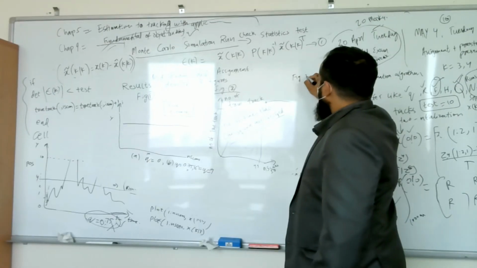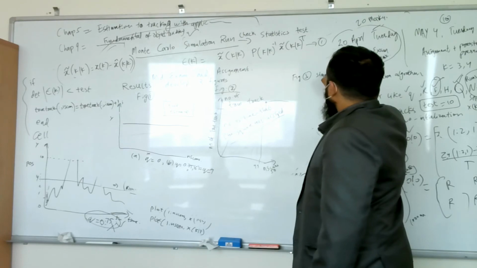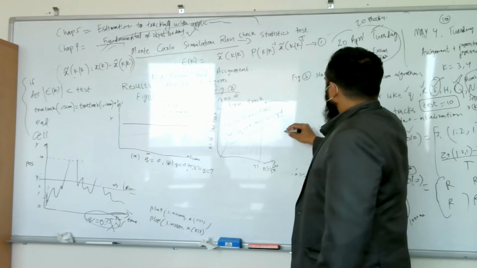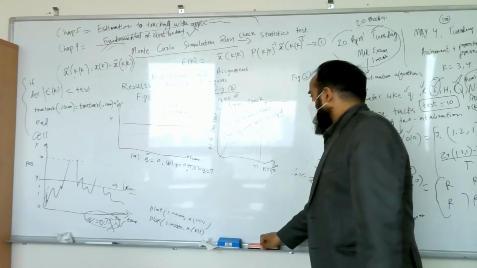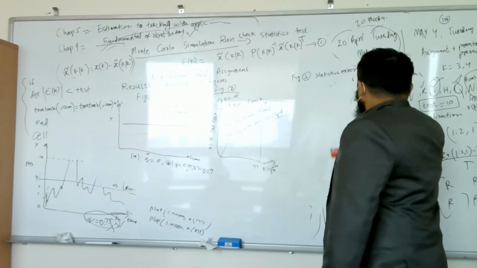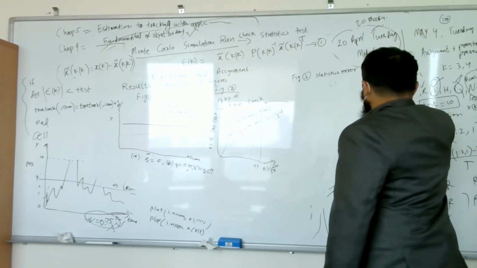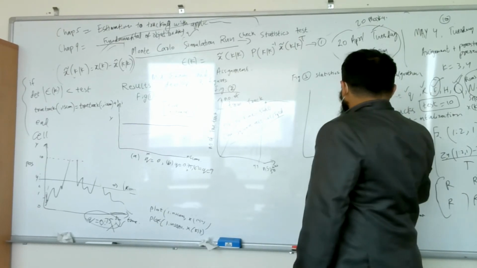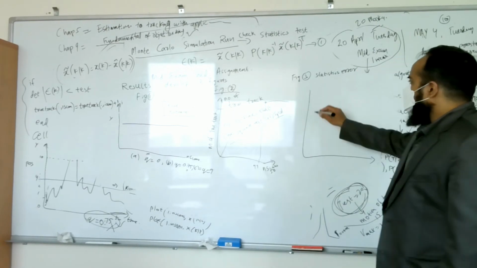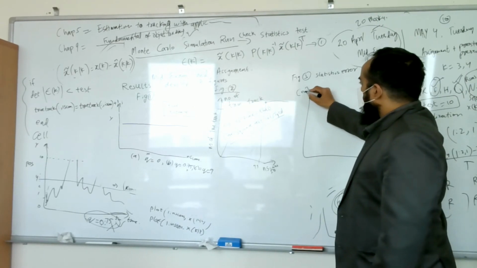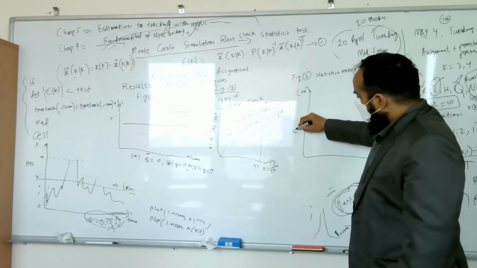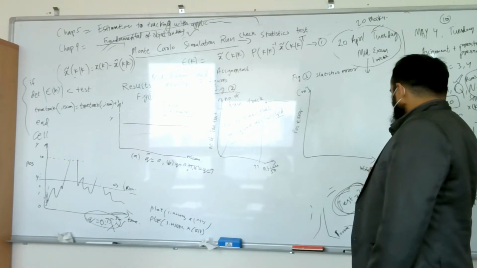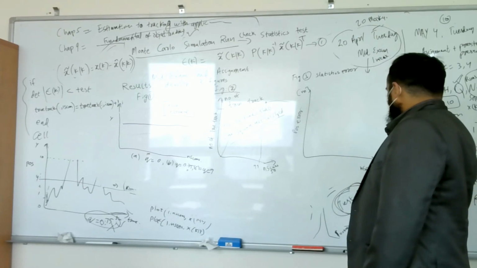And figure number 3 is the statistic error. This is in meters, because it is the position error, and here the number of scan, like 50.